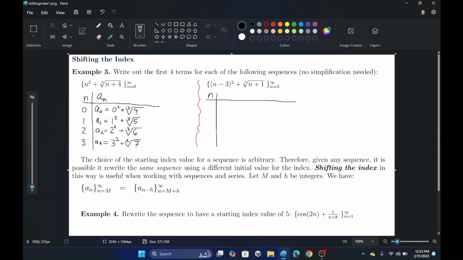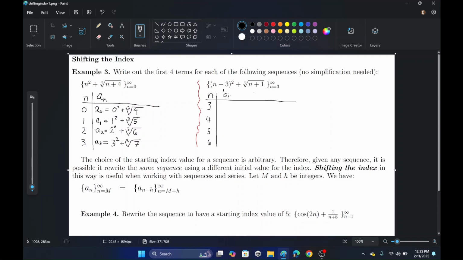Check out this other sequence to the right of it. This starts at n equals 3 and goes to infinity, but at a glance, you might notice it's of a very similar form to this sequence. Let's see what happens here, starting with 3. And we are going to do 4 terms, so we'll go 3, 4, 5, and 6. And plug it in. So 3 minus 3 squared, that's 0 squared, plus, oh, I should actually indicate this is a different sequence, so I'm going to give it a different name.